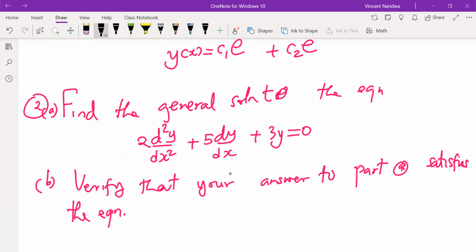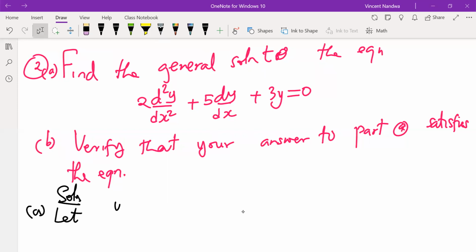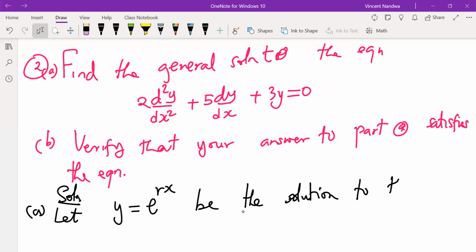Now, as usual, for part A, let y equals e raised power rx be the solution to the given equation. Let me call it star. So I say solution to the star equation.